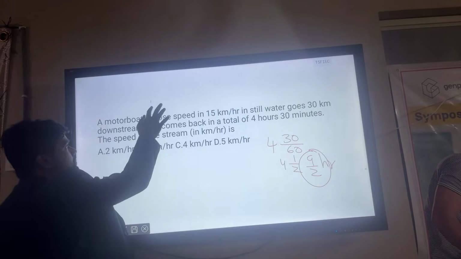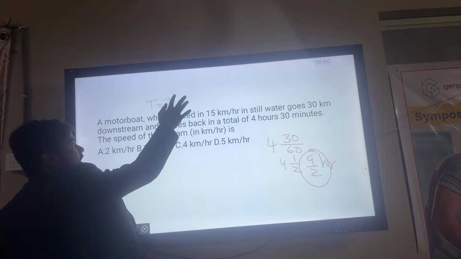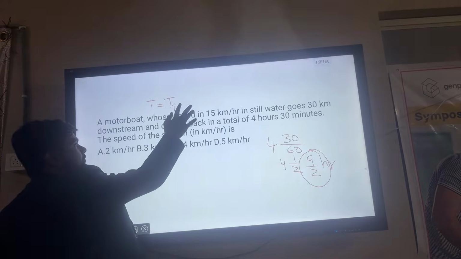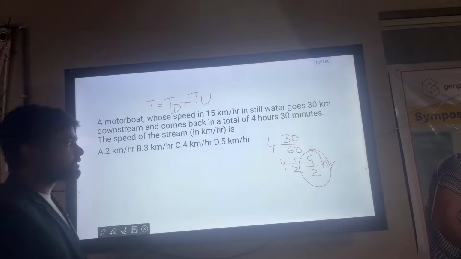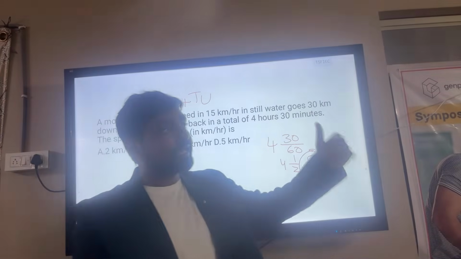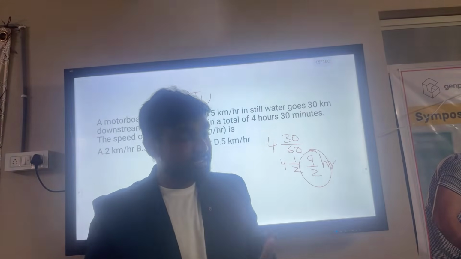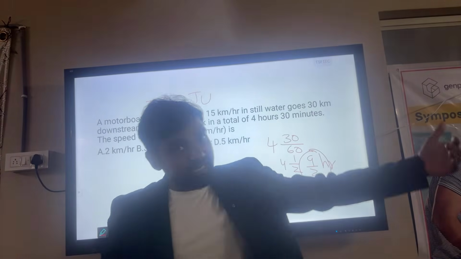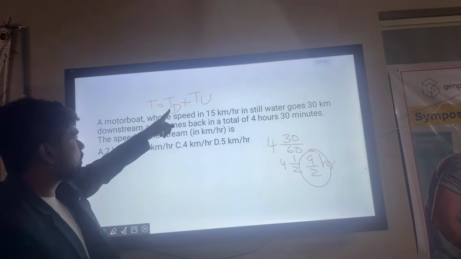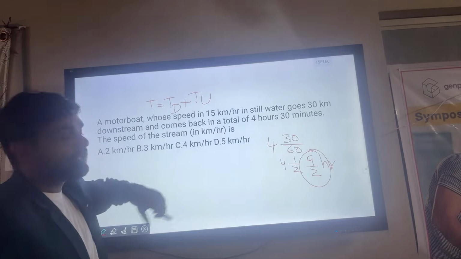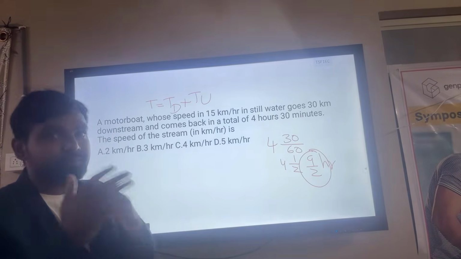Total time is equal to time for downstream plus time for upstream, because he is going first one way, then he is coming back. T is equal to downstream time plus upstream time. Time is equal to what? Distance by speed.